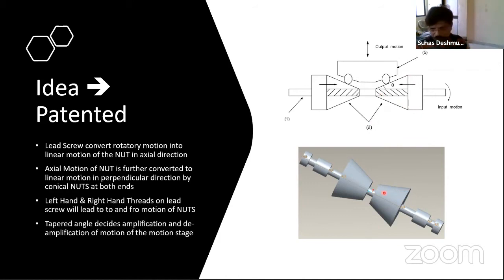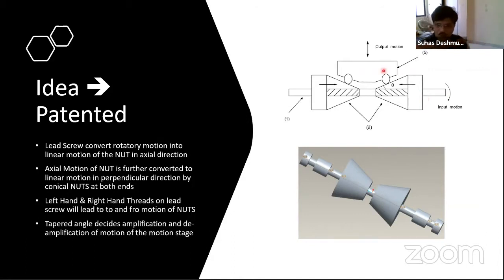You can look at this picture. A conical nut is provided with a certain angle, and this angle is decided to get the motion amplified or de-amplified. Whenever you rotate it right or left, these cones either come towards each other or go away from each other.